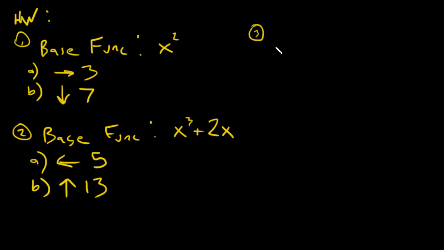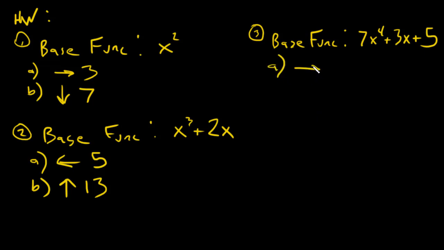Here we go. The base function is going to be 7x to the 4th plus 3x plus 5. A, go over to the right by 10. B, go down by 10.